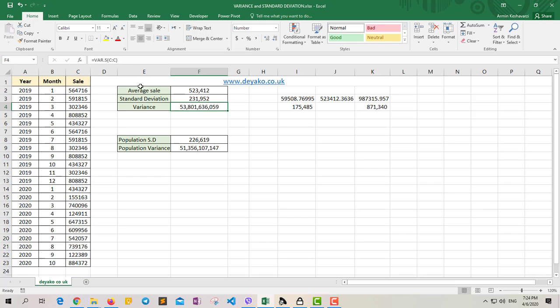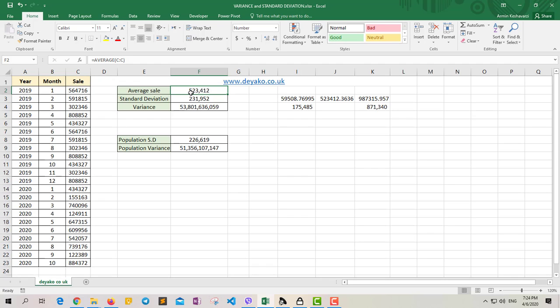And what is the variance? The variance is this amount raised to the power of 2. Actually, the standard deviation is the square root of the variance. The variance is an index that is used in statistics, and it has a different unit from the average.